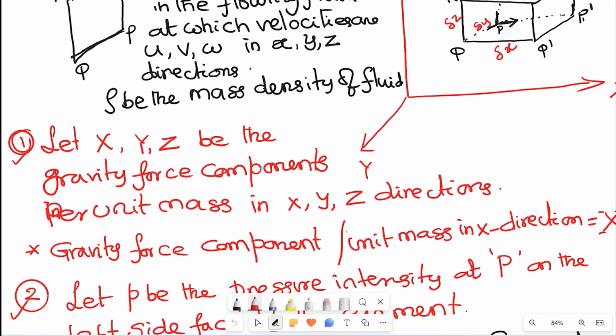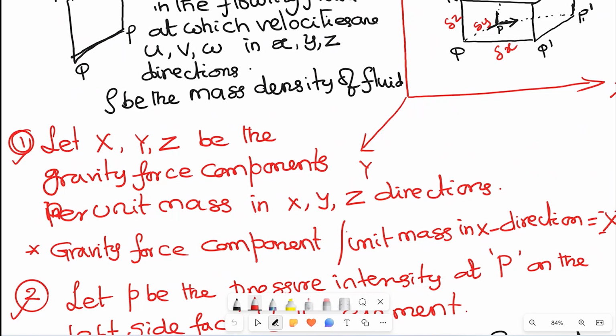The reason is that when I am deriving a differential equation, I am deriving a general equation, so I am keeping the terms intact. Only when I come to the conclusion will I say that the remaining two directions will not be there, and it will be only in the vertical direction. So keeping that in mind, let capital X, Y, Z be the gravity force components per unit mass in X, Y, Z directions.